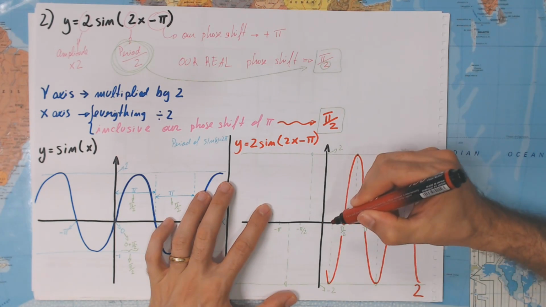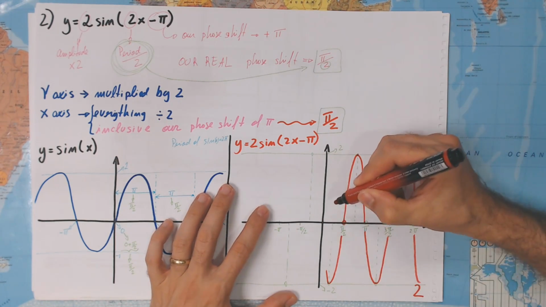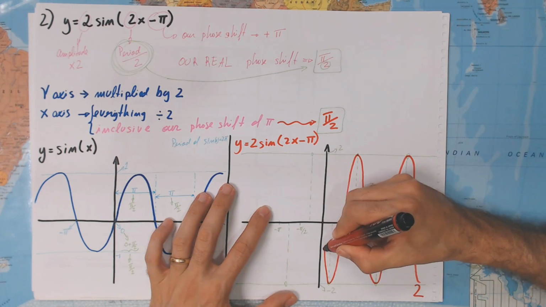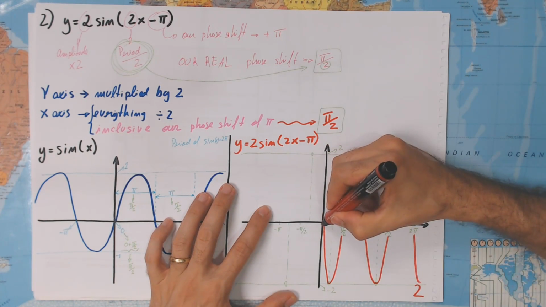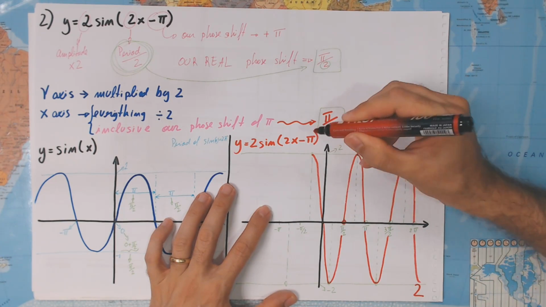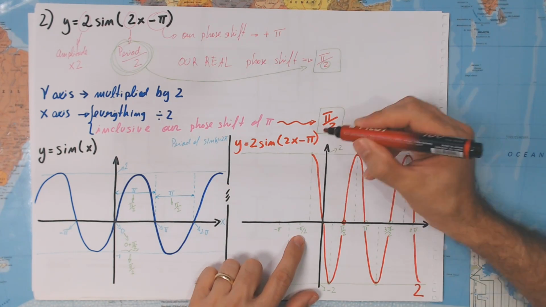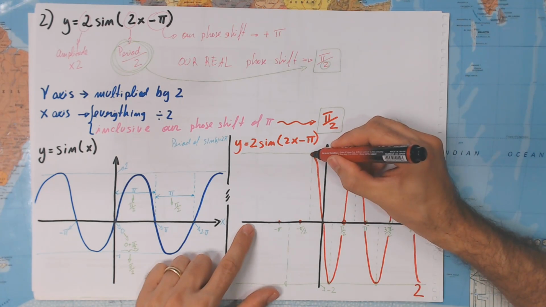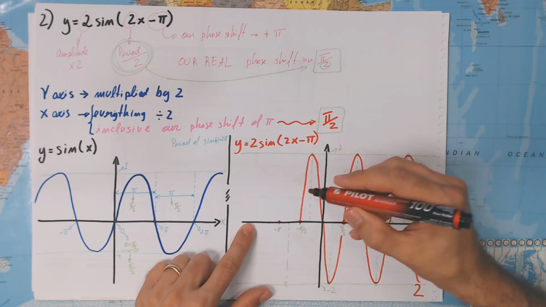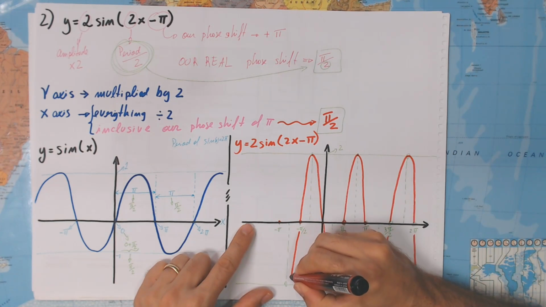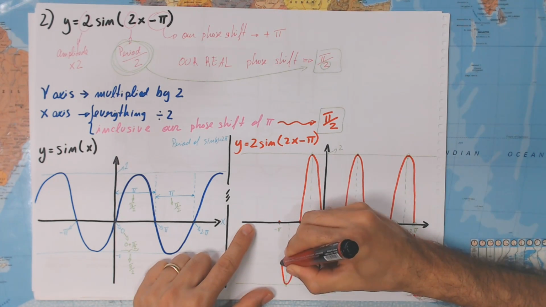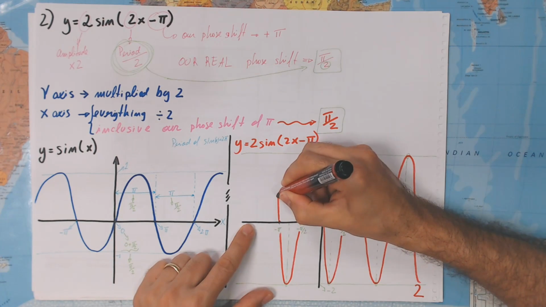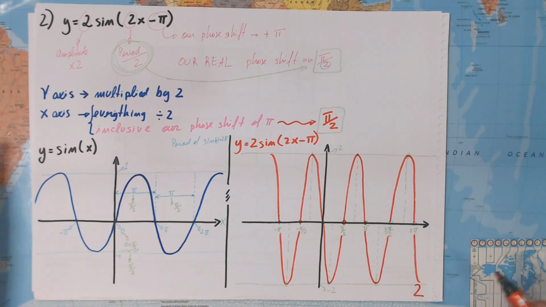This is going to be the other 0, right? Those are the roots. Another root, another root, and so on. This is our chart.